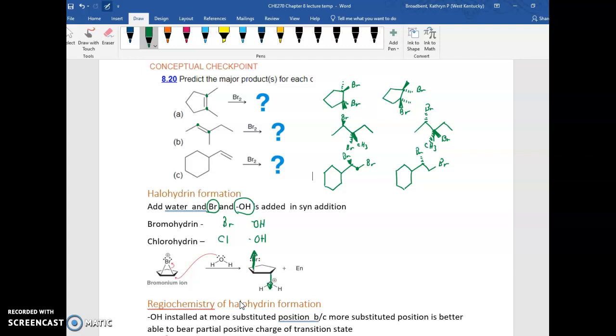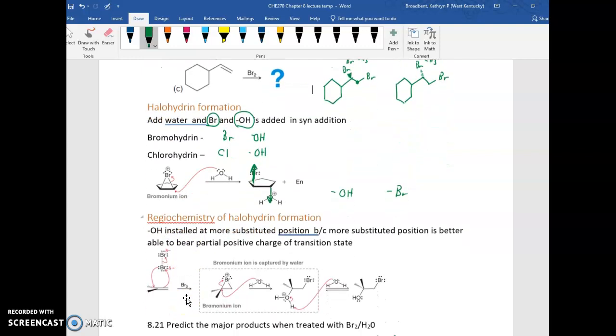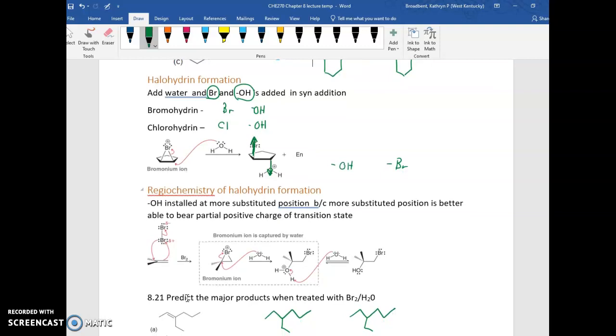But now we have two different groups, so we need to determine where that hydroxy is going to go and which atom is going to get the bromine. And the answer is that the hydroxy is installed at the more substituted position, because the more substituted position is better able to bear the partial positive charge of the transition state.